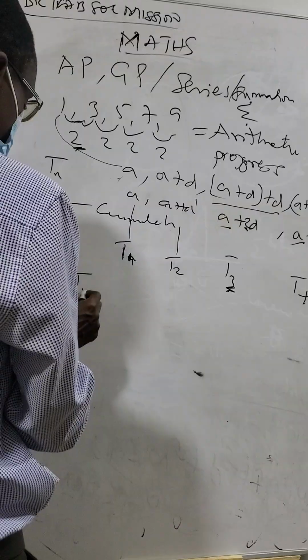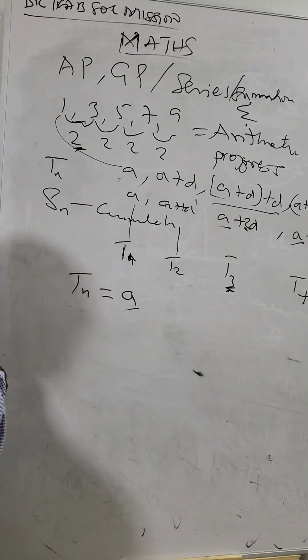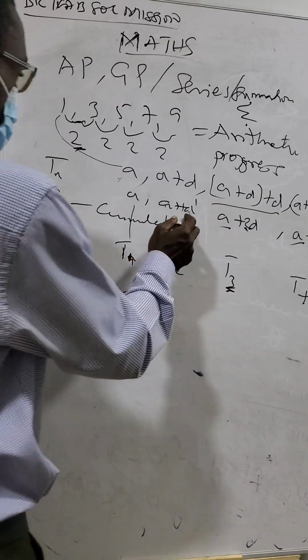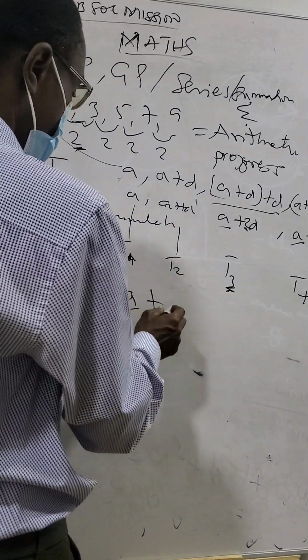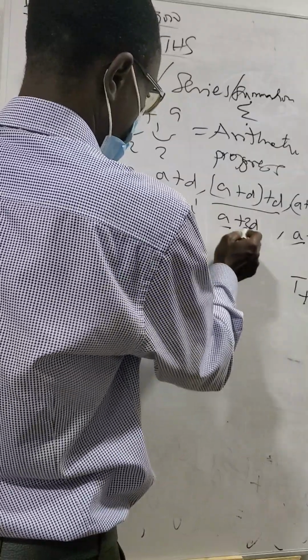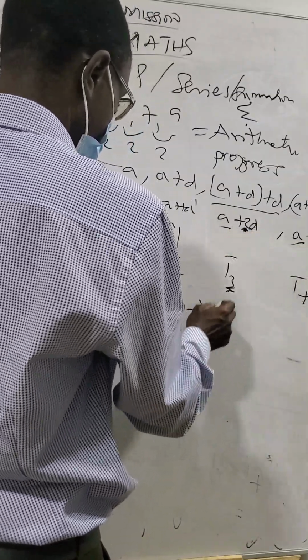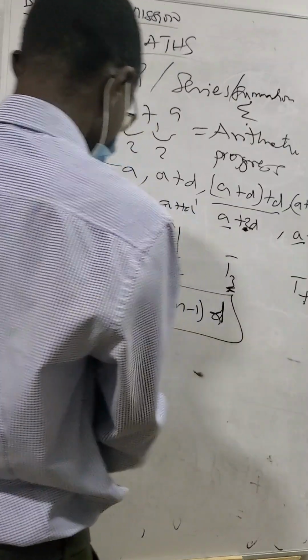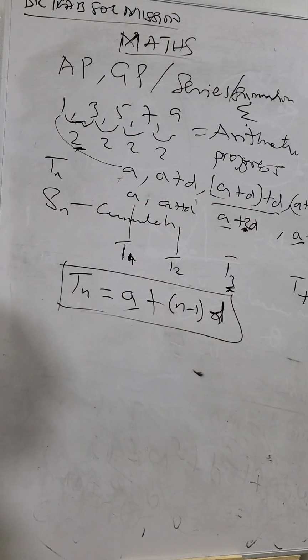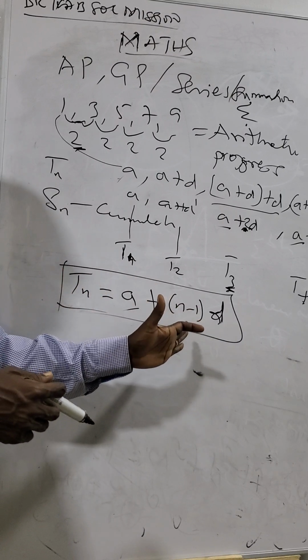So from this, you can deduce that T is equal to A, which appears in all the equations, plus, if the term is n, n minus 1 times D, because as it happens here, 3 becomes 2, 4 becomes 3. This is a simple way to get the general formula for the arithmetic progression, or sequence.